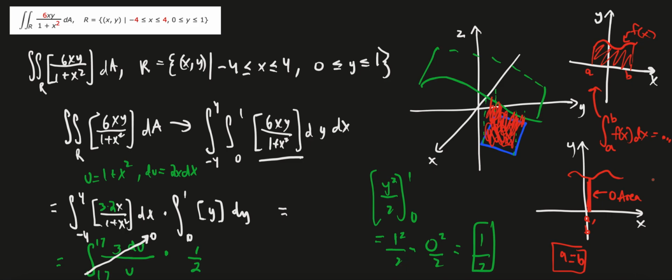But given that a equals b, the integral of f of x dx is equal to 0 because there is no area in between. So that's why this is 0, which gives you that this entire thing is 0, and that is the value of the double integral.